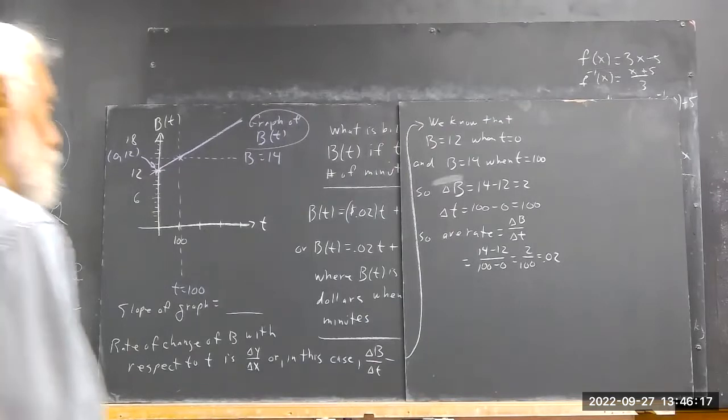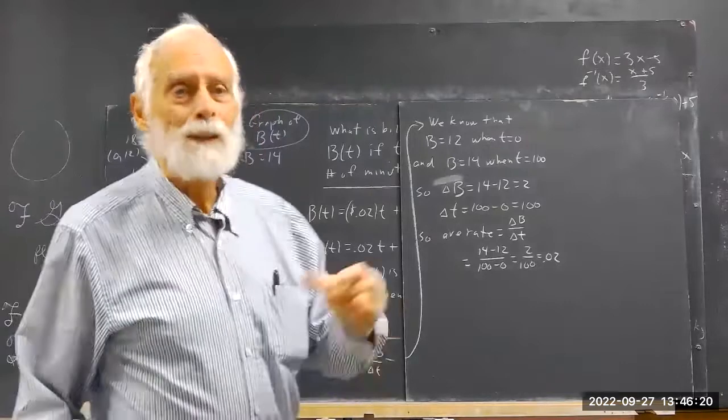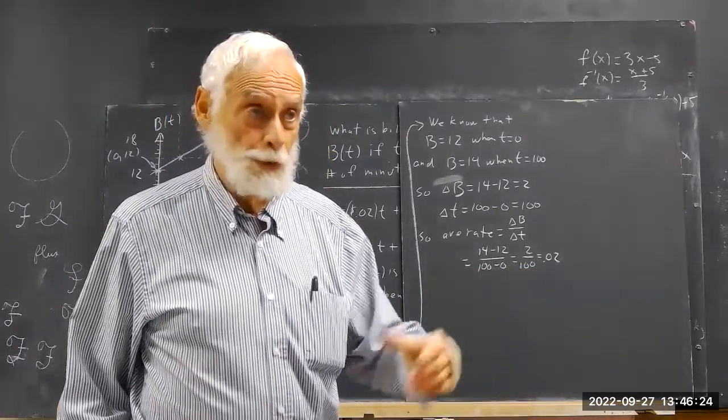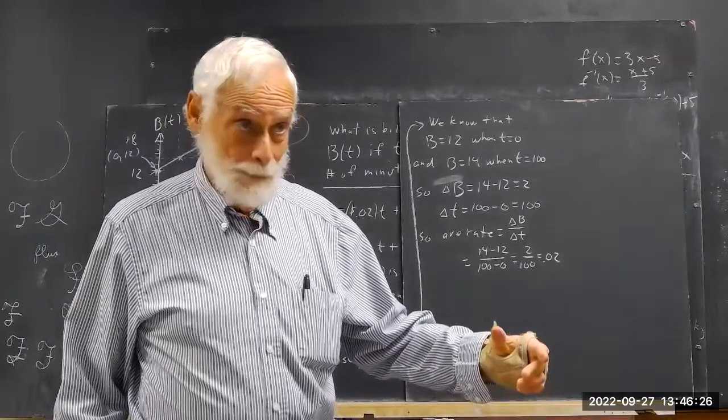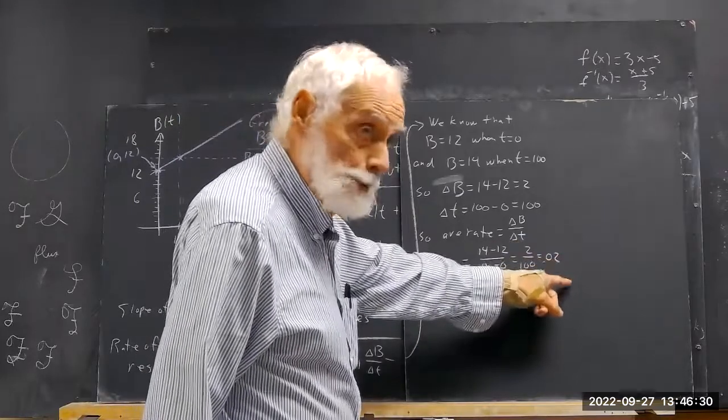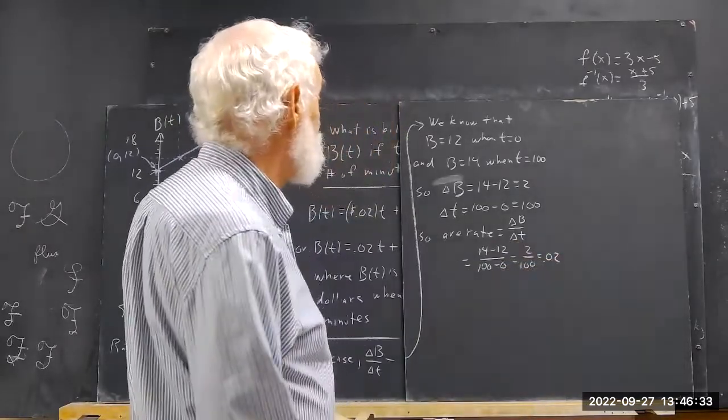Of course, in the original problem, the rate was $0.02 a minute, or 2 cents per minute. The units of this are cents or dollars per minute.